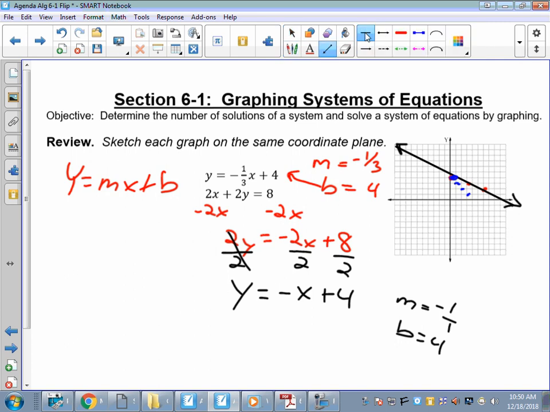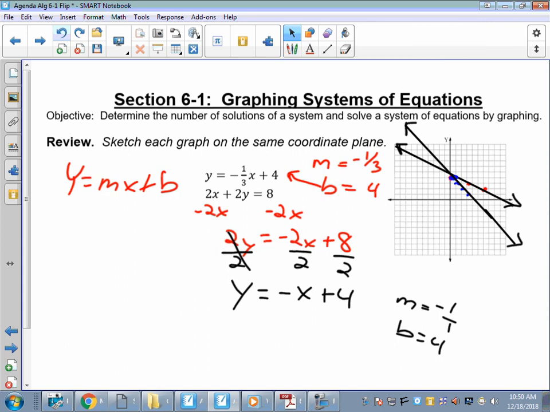I'm going to build my line through it. I don't like that one. Let's try it again. There we go. That's a little bit better. Okay. And again, I can extend and put arrows on it, and I'm in good shape.